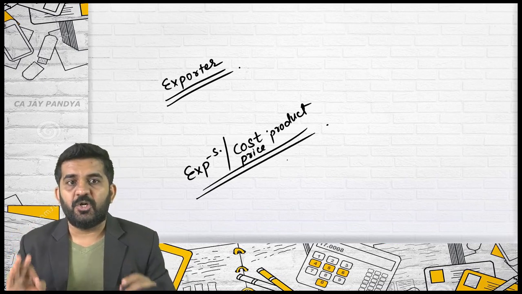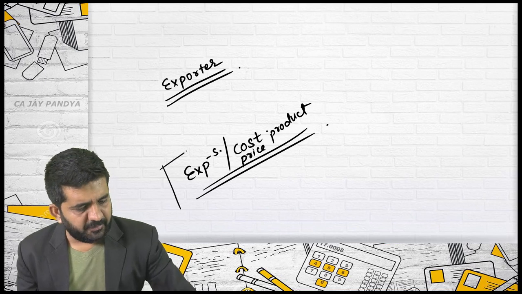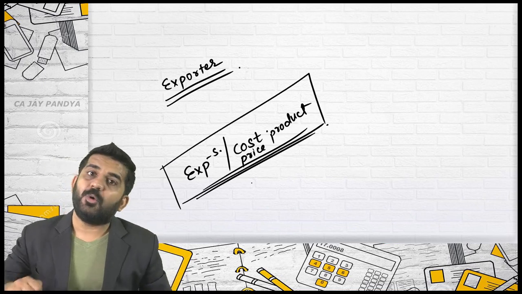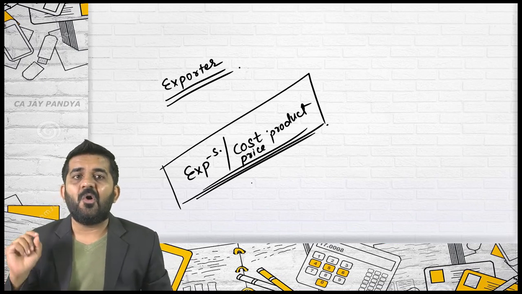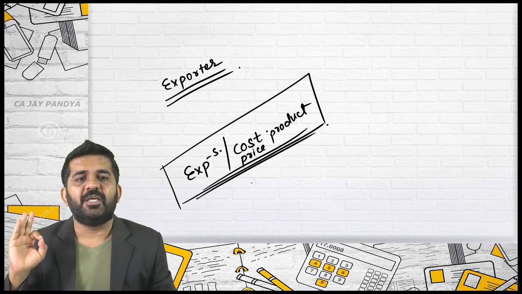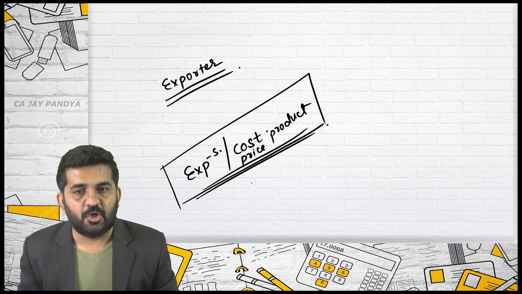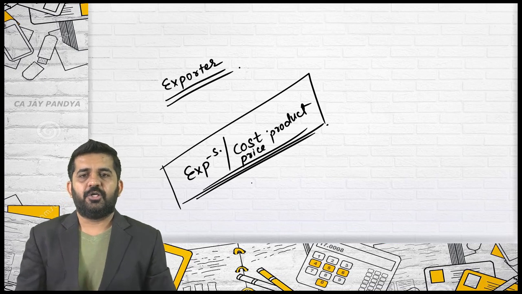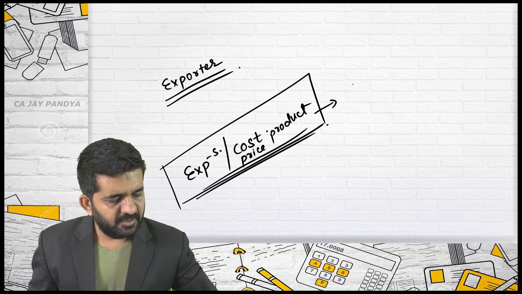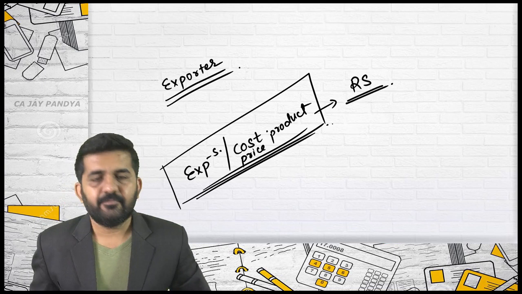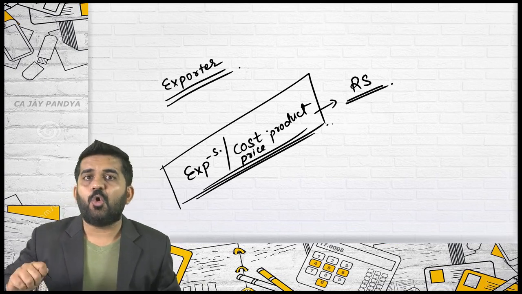My question to one of the students is, if you are doing business in India and you are an exporter, will all your expenses be in rupees or in dollars? Kajal? Rupees. So your cost will be in rupees.